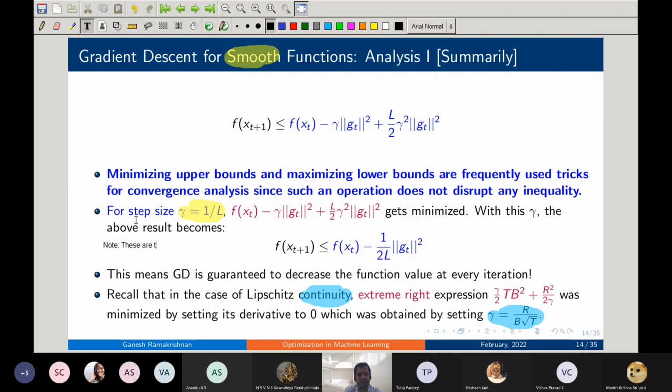These are values of gamma yielding the tightest upper bound.